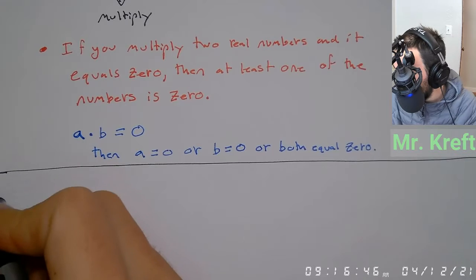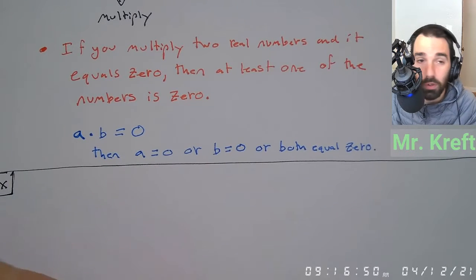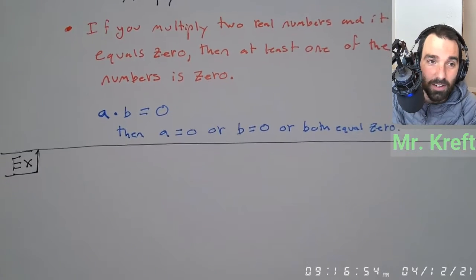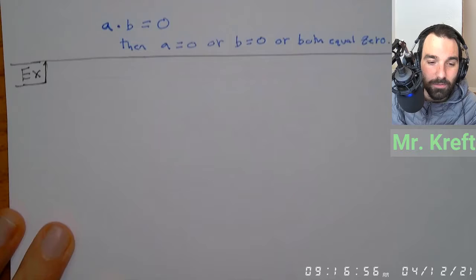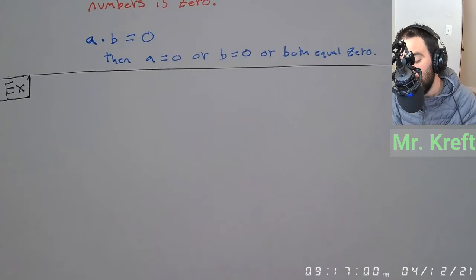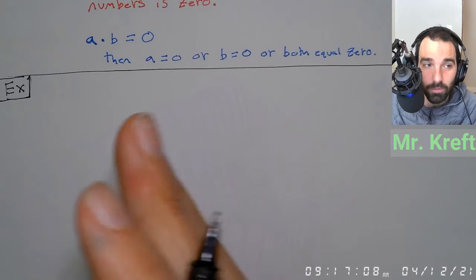All right, so let's do a couple of examples of this. Okay, to make this easy, we're going to start with things in factored form already. Like the warm-up, we had to factor. We're going to start with that already done. So Thursday, we'll work on doing it all together, right? So you'll have to factor then solve.